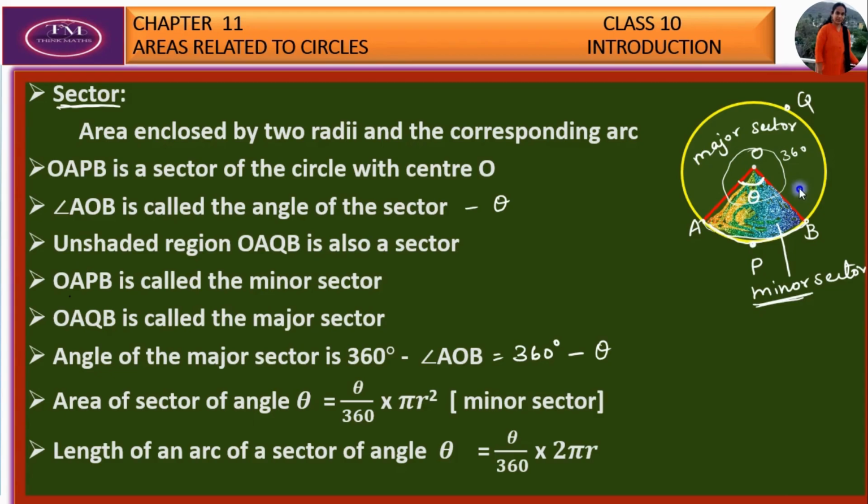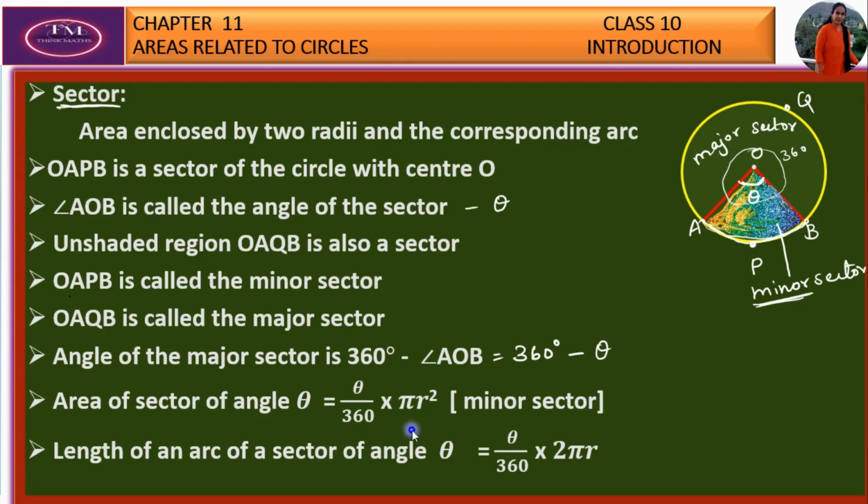The remaining sector is called the major sector, and its angle is 360 degrees minus theta, where theta is the angle of the minor sector. To find the area of the major sector, instead of theta you apply 360 minus theta, divided by 360, into pi r square.